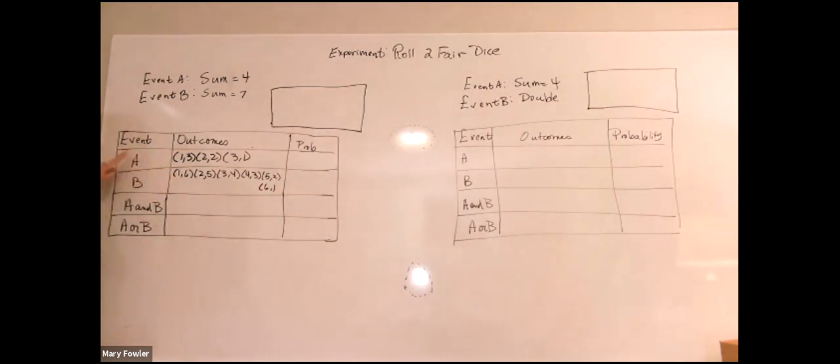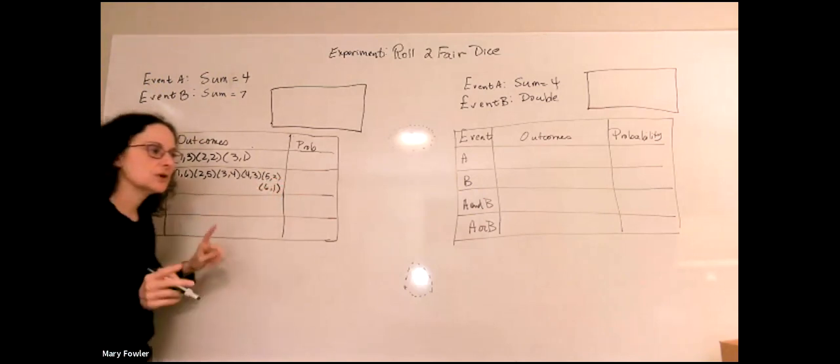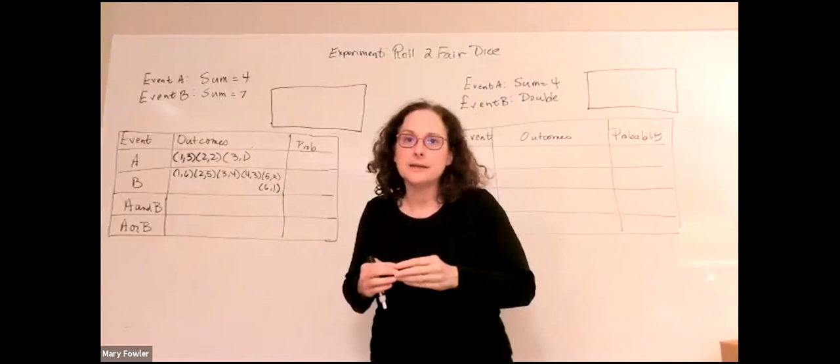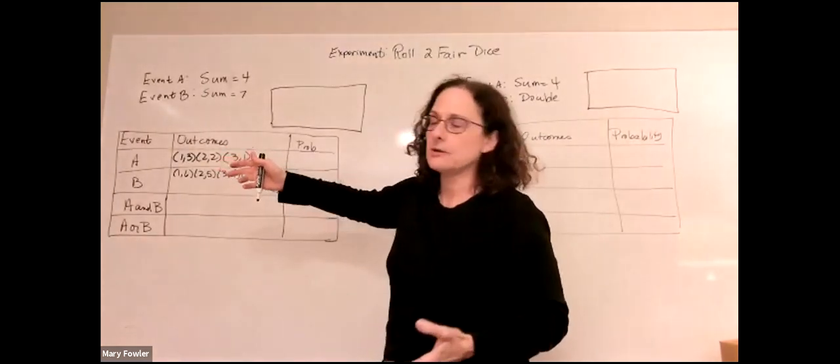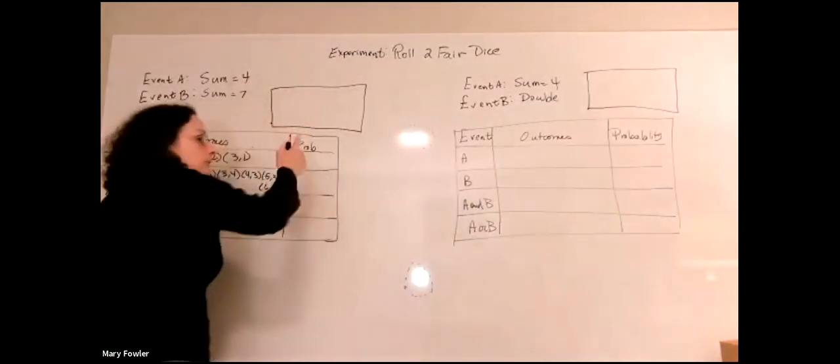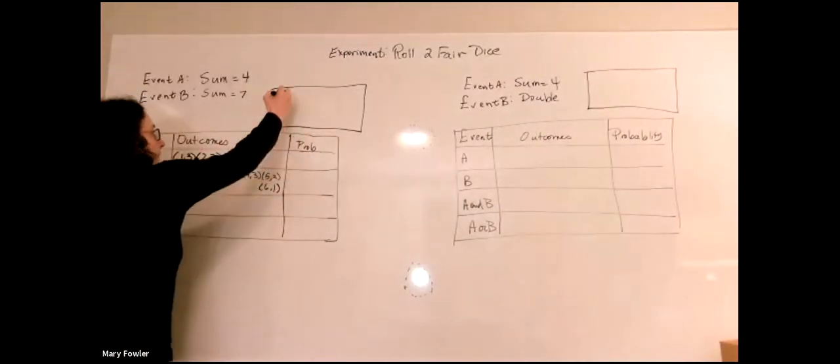I want you to look at all of the outcomes in event A and all of the outcomes in event B, and notice that they have no outcomes in common. So if I were going to draw this on a graph, and I'm just introducing the Venn diagrams here, we'll go back and look in the notes a little bit about them as well.